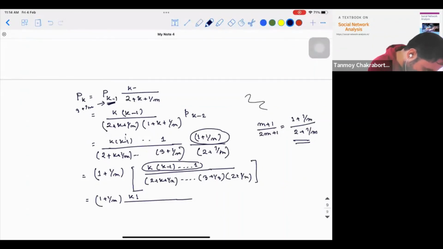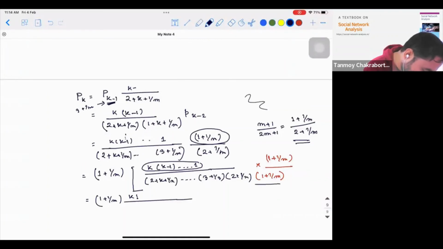Just a minute, if we multiply 1 plus 1 by m in the numerator as well as in the denominator, okay, then how many terms are there?